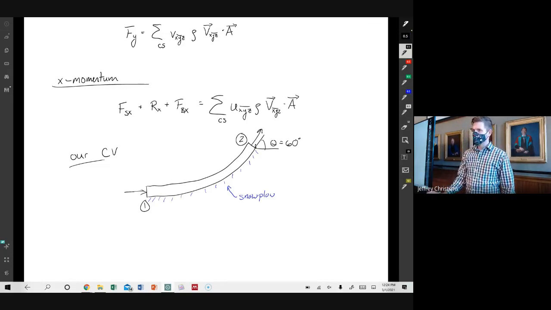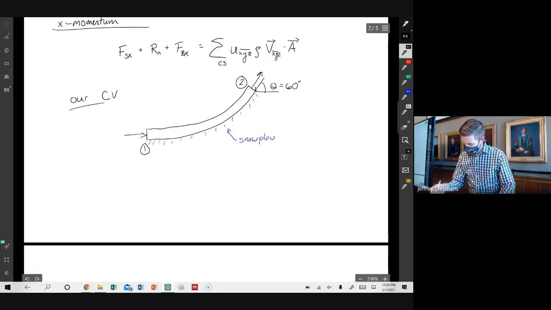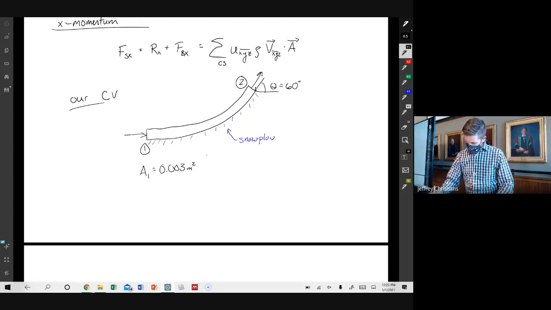So our areas are: A1 is 0.003 meters squared in the negative X direction.